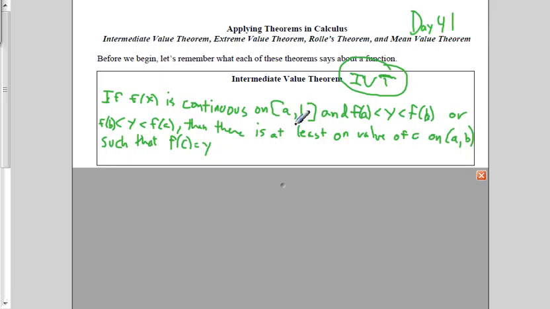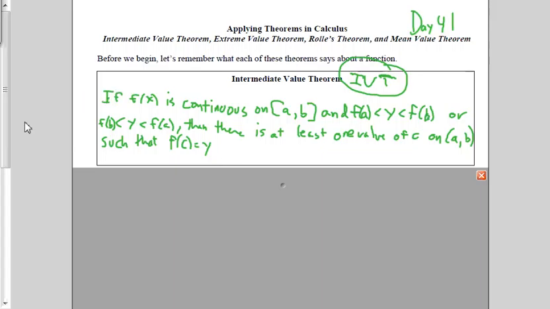On the closed interval from a to b, and the y value falls somewhere between the y values of those endpoints, and again, it doesn't matter whether f of a is smaller or f of b is smaller, then there's at least one value of c on that open interval a to b such that f of c equals y.